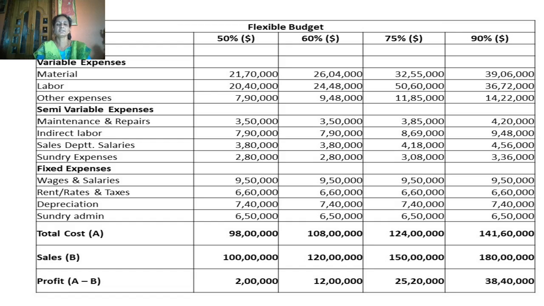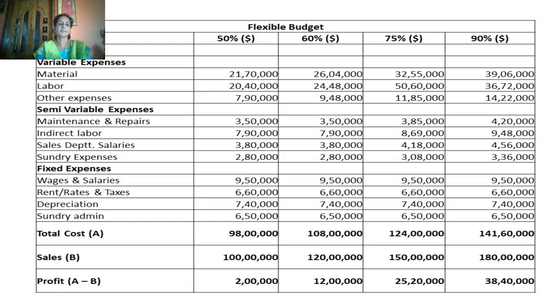You will get 32 lakh 55,000. Same way you can calculate for 90% also. So simultaneously you can complete all material, labor and other expenses. Clearly write for 50 so much, for 60 how much, for 75 how much, and then cross multiply so that you will not make a mistake.